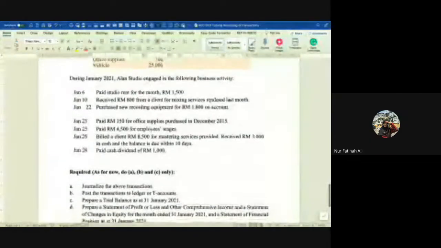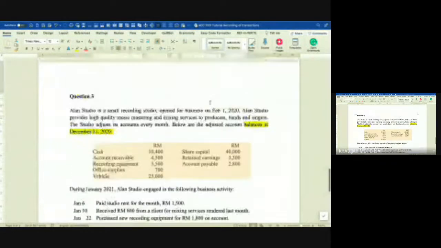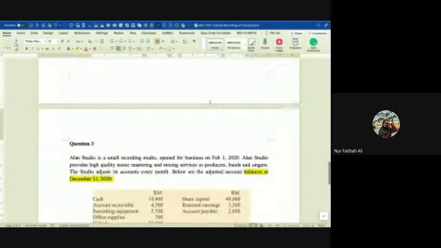Okay? But madam, we haven't received this question yet. I think this is a different question from the one you gave in WhatsApp. No, I gave it in the Google Classroom. Okay, hold on, I'll double check. Classwork, topic 3.